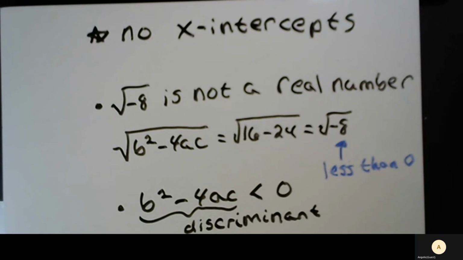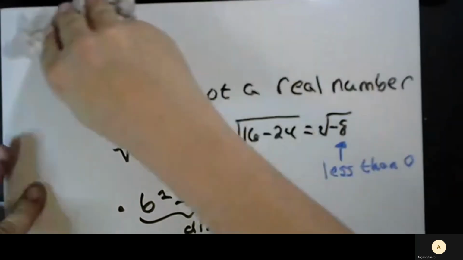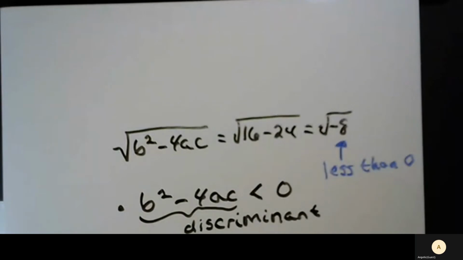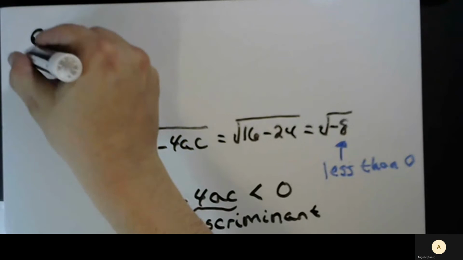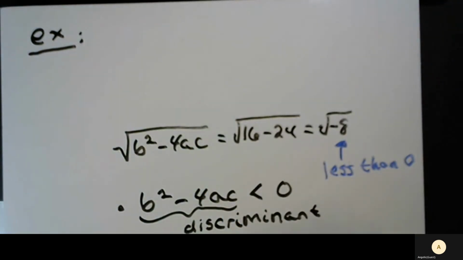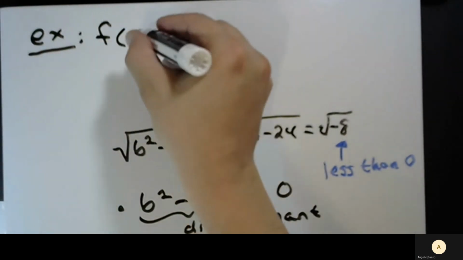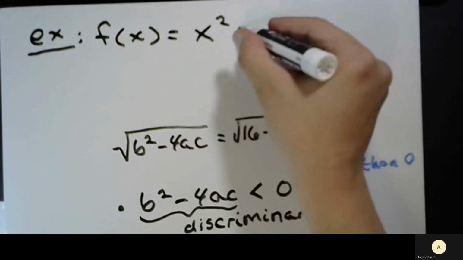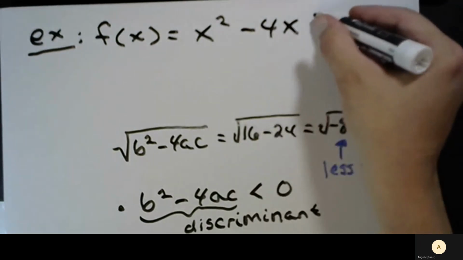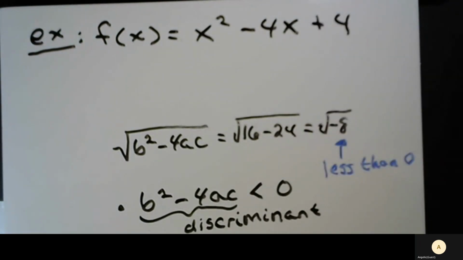So another one I want to show you. We've seen two of these now where we have no x-intercepts and where we have 2 x-intercepts. It is possible to have only 1 x-intercept. So it's going to look very similar to the one we just did. And so we'll try to graph this one.